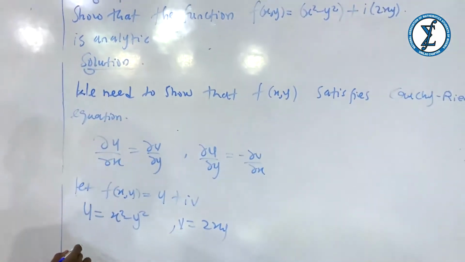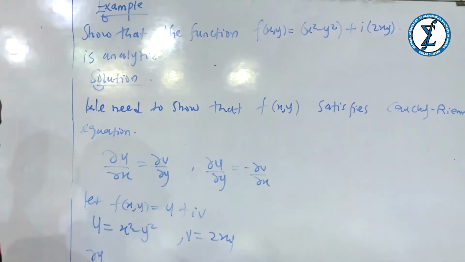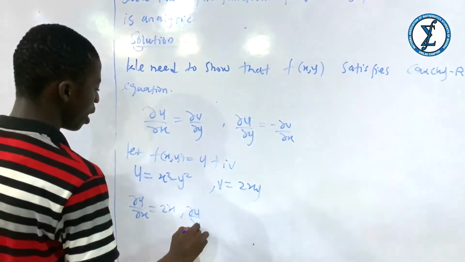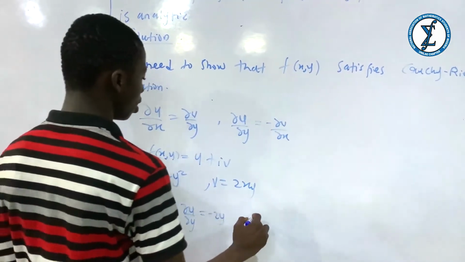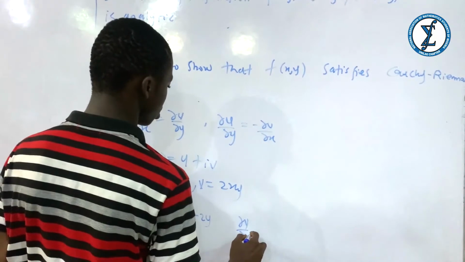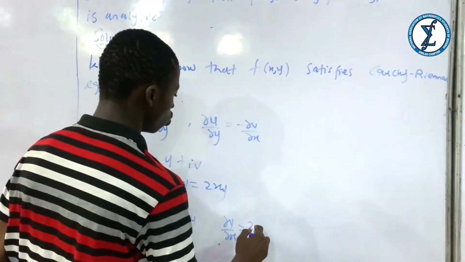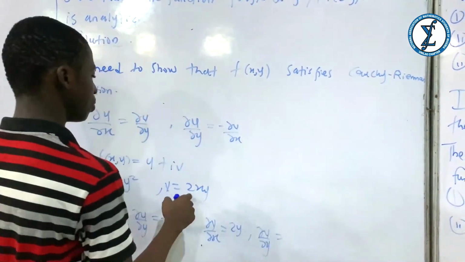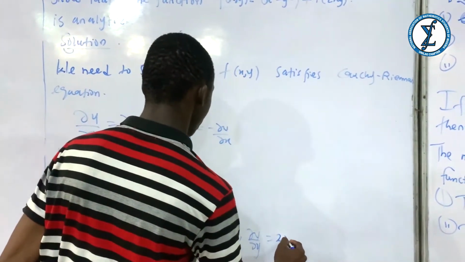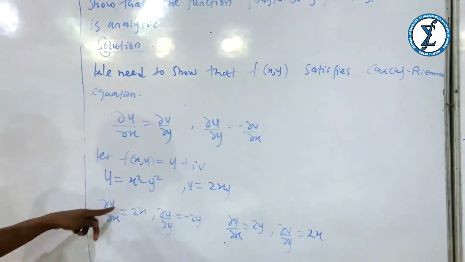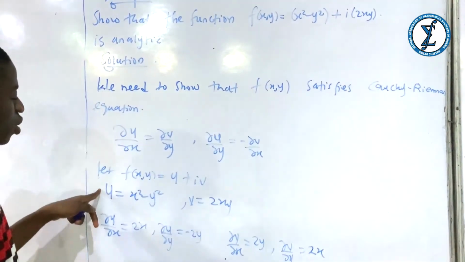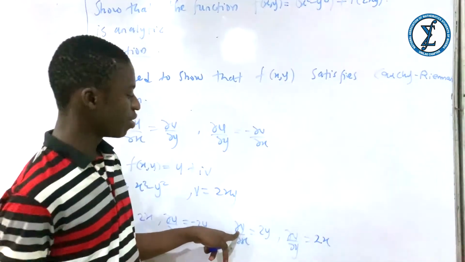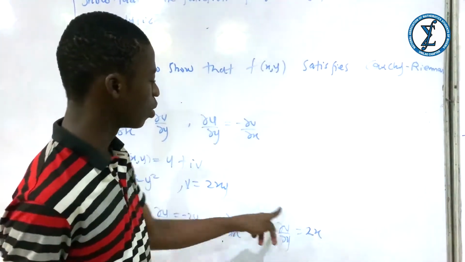2xy. So now du dx is 2x, du dy is minus 2y, dv dx is 2y, and dv dy is 2x. I'm just taking the partial derivative of u with respect to x, u with respect to y, v with respect to x, and v with respect to y.